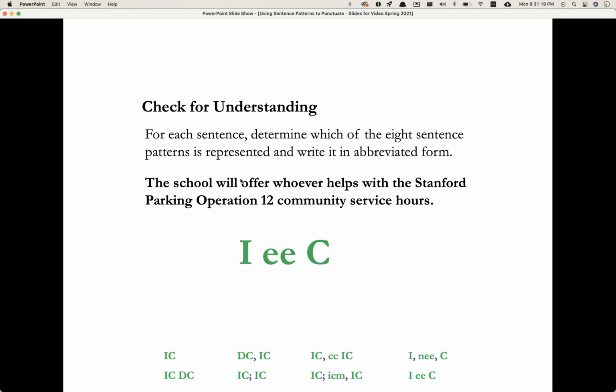If you try to say the school will offer 12 community service hours, that is actually grammatical, but it doesn't clarify who is getting those 12 community service hours or why they're getting them. The sentence is intended to convey that information. So if you try to take out the essential element with the whoever, it radically changes the meaning of the sentence. Actually, it sort of makes it meaningless.